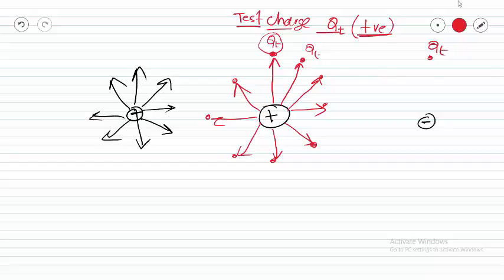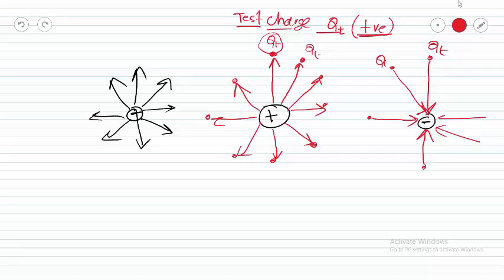This test charge will be attracted towards the existing negative charge, so the force will drag the test charge towards it. If I place the test charge here, it will be attracted in this direction. If I keep it here, it will be attracted in this direction. If I keep it here, it will be attracted in this direction.